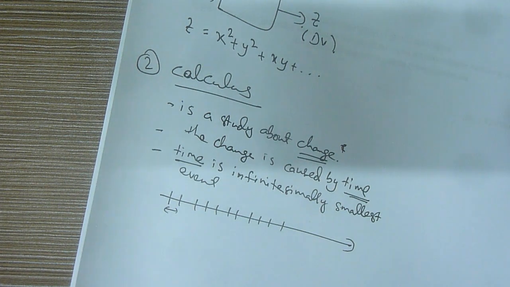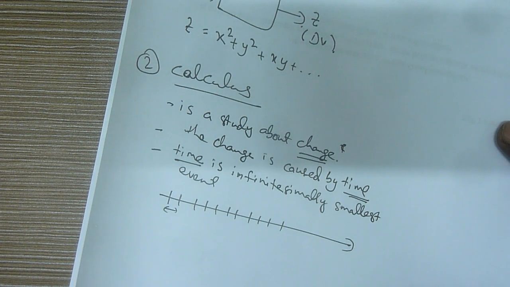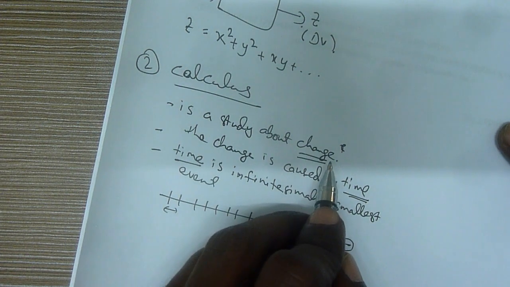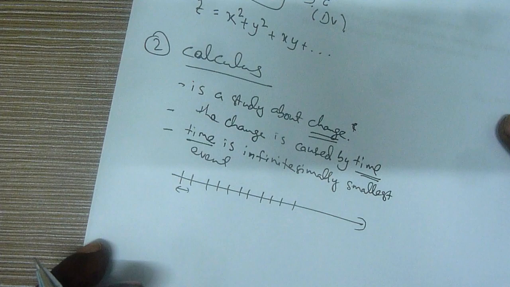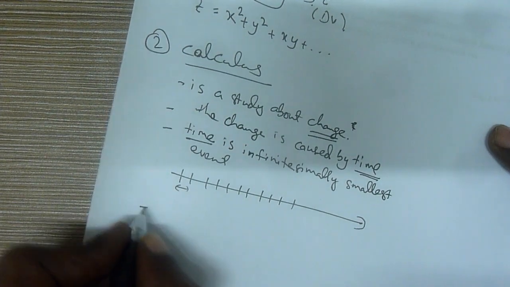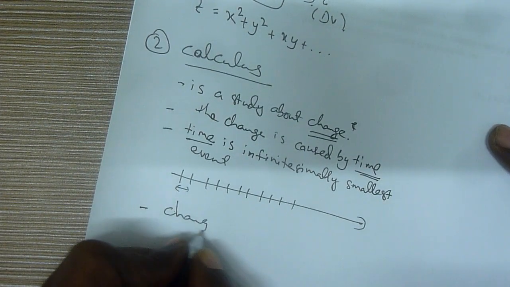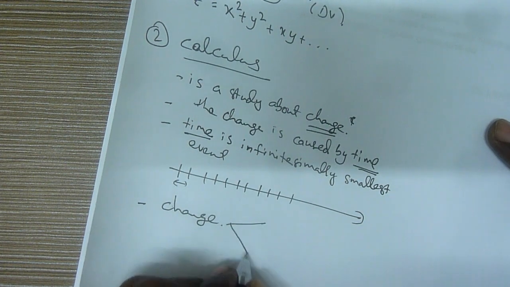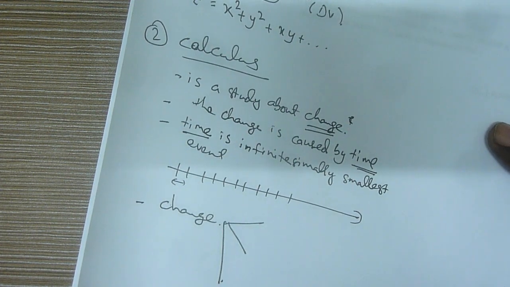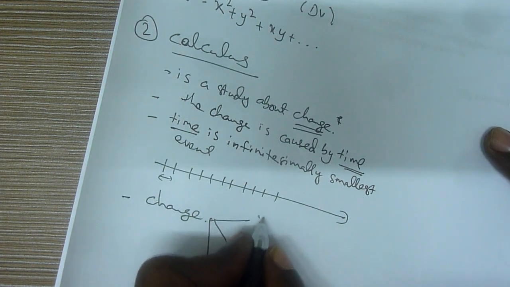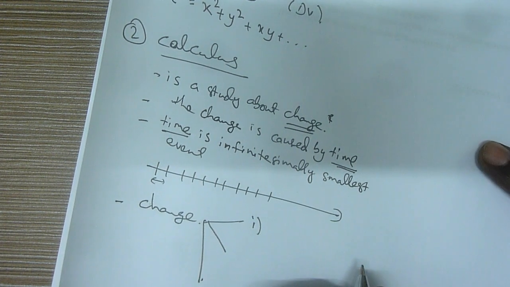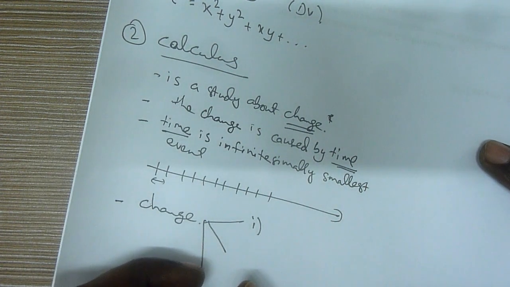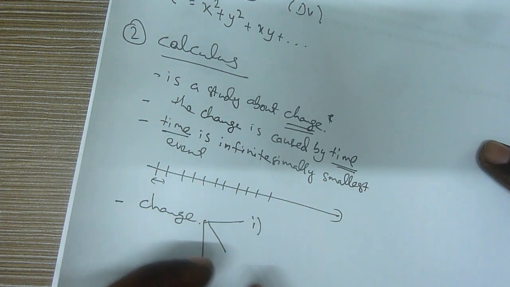Now, therefore, calculus is basically a study about change, and this can be explained further as three concepts, and these concepts will be explained in a later chapter. Therefore, I will not elaborate this topic in detail.